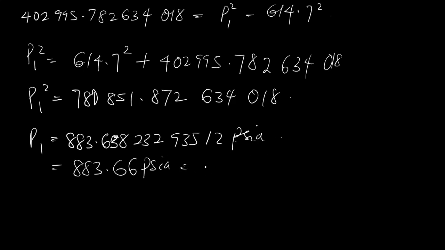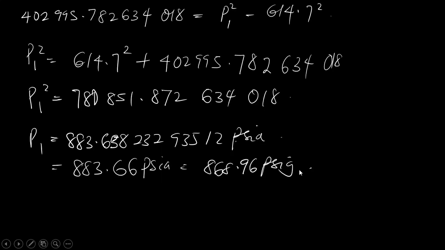Now if you minus 14.7, you have the gauge pressure, since this is the absolute pressure. It is 868.96 psi. So this is the inlet pressure, and that is the final answer.